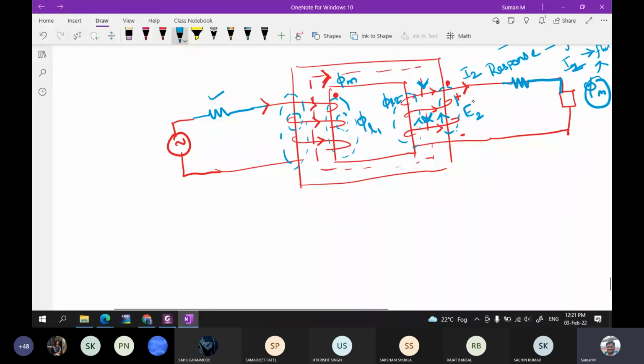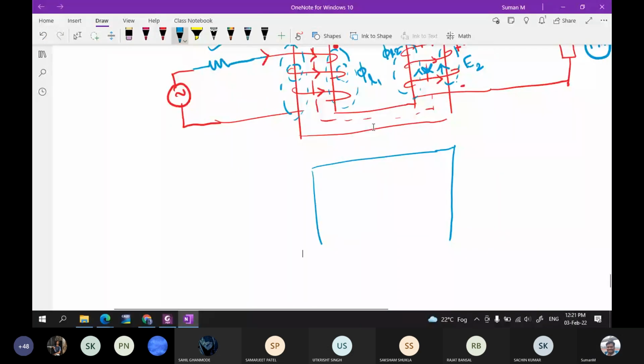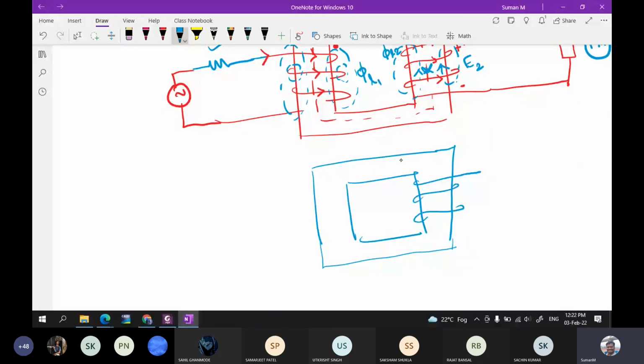For that we had included an inductor on the primary side yesterday, right? We'll be completing that. So now we are removing the leakage flux and including it in the circuit. Now the EMF induced, that is E1, is given only by E is equal to N into d phi by dt.